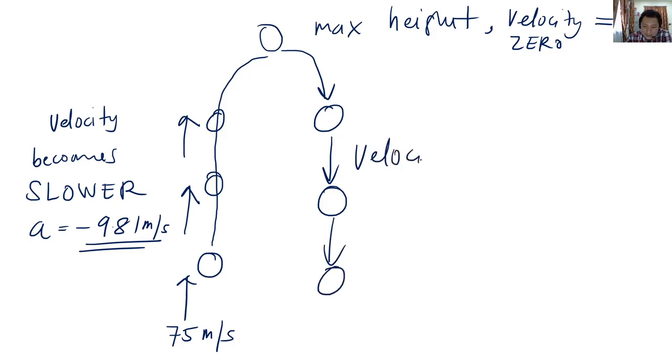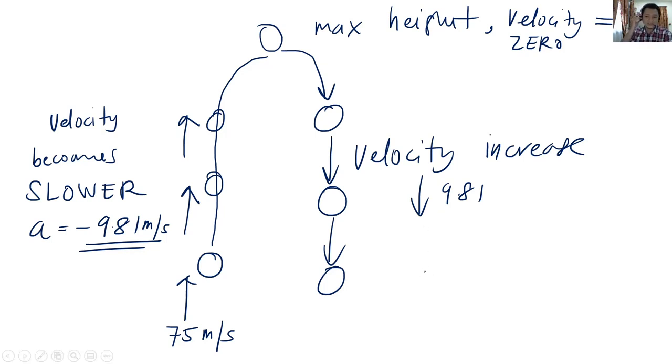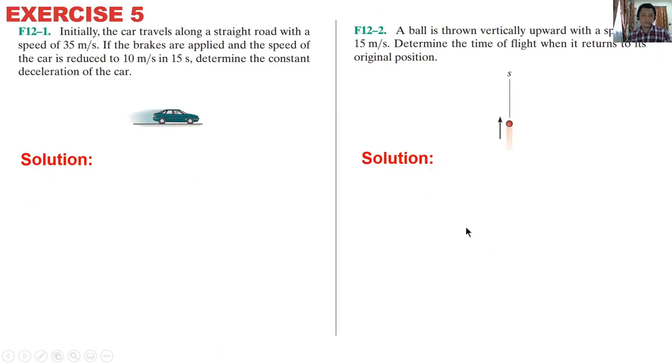So velocity increases, since the vector of the velocity is in the direction of 9.81. So you can calculate velocity easily. Okay, so now we can do 2 more exercises. This one looks pretty simple. Okay, let's get back to this.